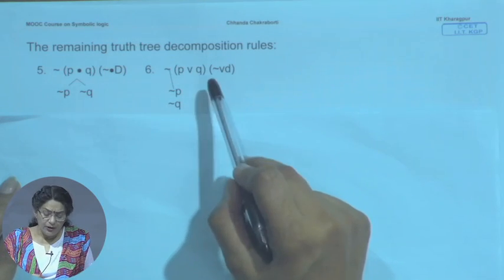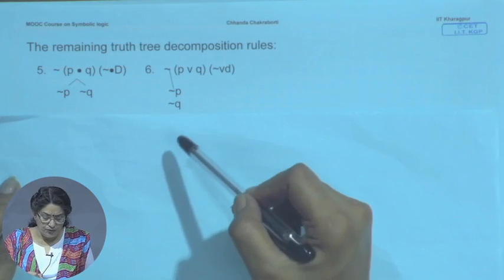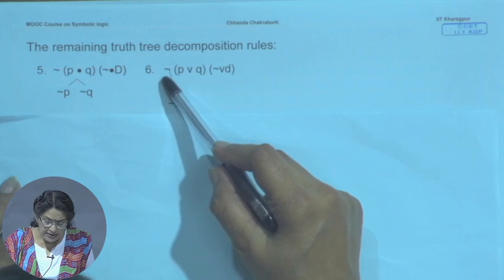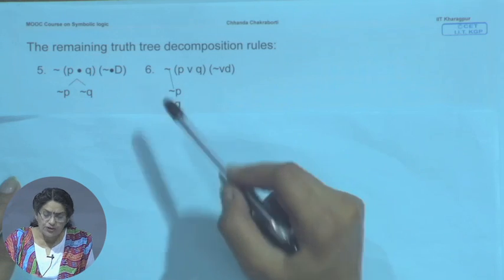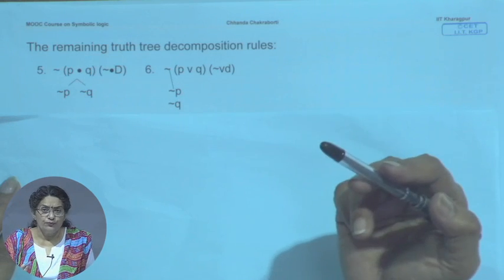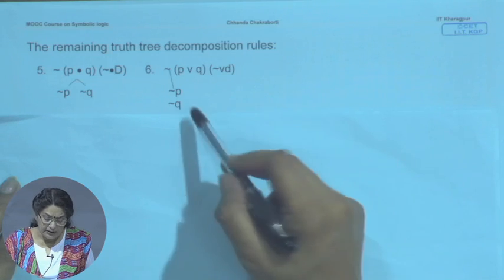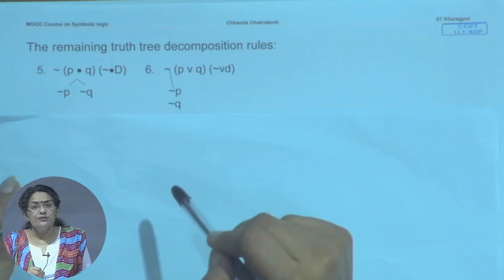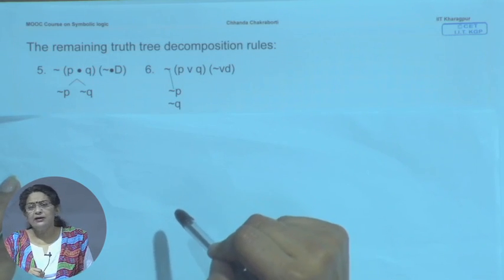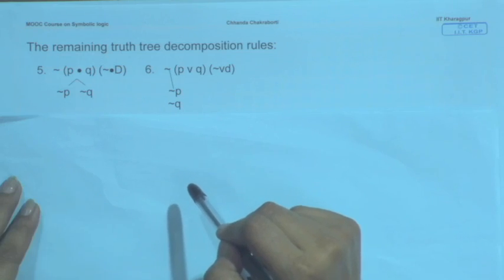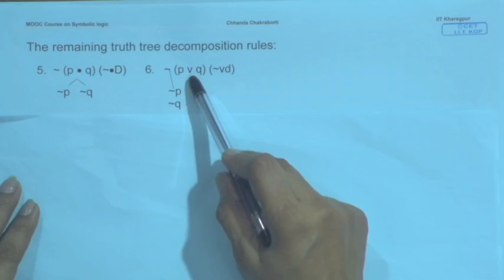Similarly, this is your tilde wedge decomposition rule, where you are asking when is tilde P wedge Q true, right. So, in other words, when is P wedge Q false, and the answer is very clear. When both the disjuncts are false, that is when the wedge is going to be false.